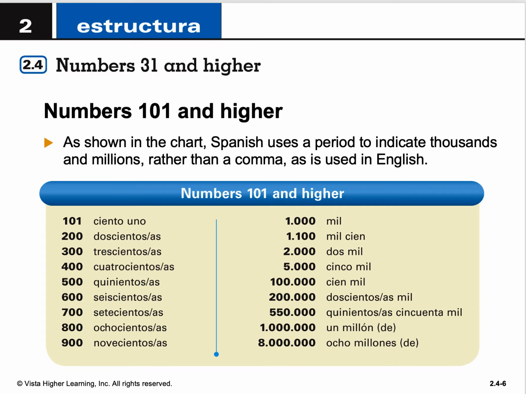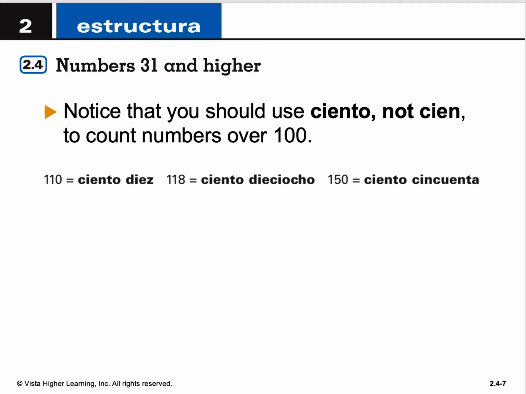So different context. Once we get to 100 and higher, these are the different words that we're going to utilize for counting. So 200 should make sense as two hundreds. In English, we don't say the plural of hundreds there, but that's what the equivalency is. Notice you should use ciento, not cien, once you get over 100 because we are talking in increments of multiple hundreds.